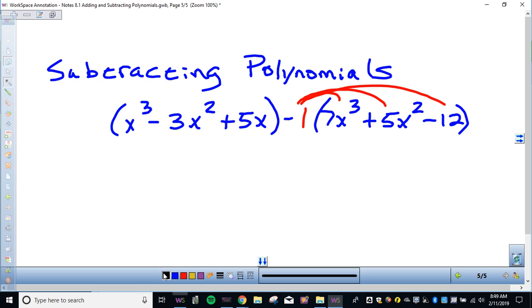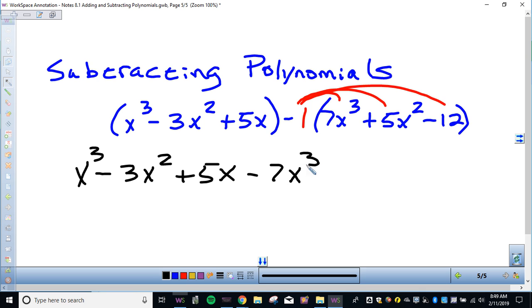So I'm going to write all of this down without the parentheses, distributing that negative. So I have x cubed minus 3x squared plus 5x. That's just that first parenthesis without the parenthesis. And then it's minus 7x cubed minus 5x squared plus 12. You just got to remember, negative times a negative is a positive. So all I did right there is distribute the negative.